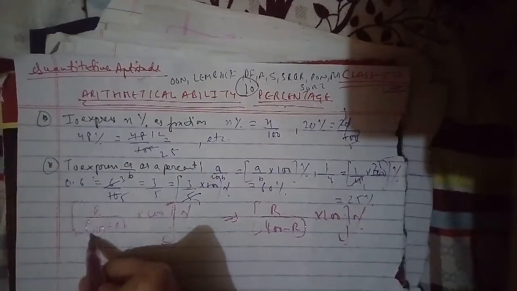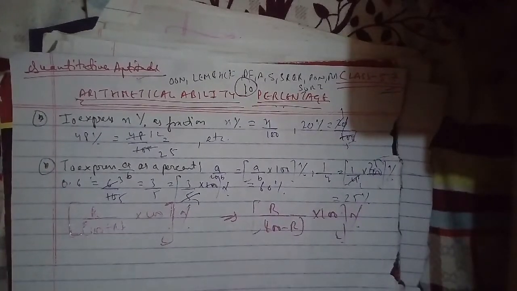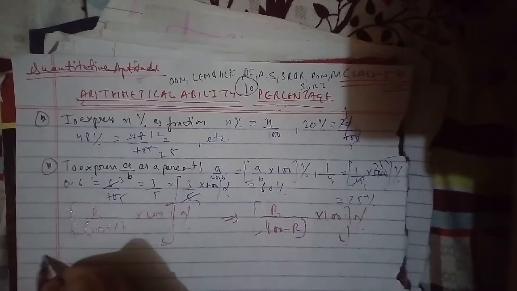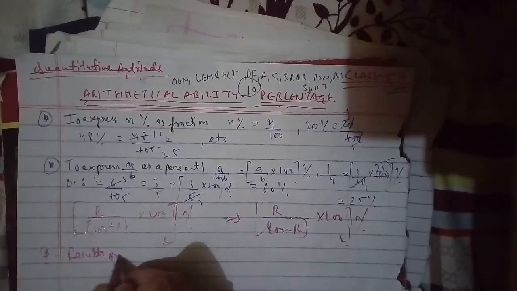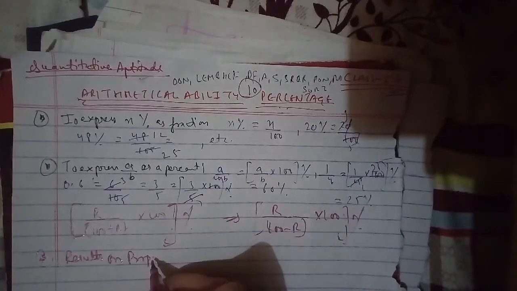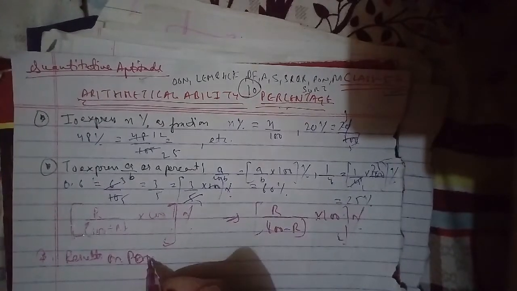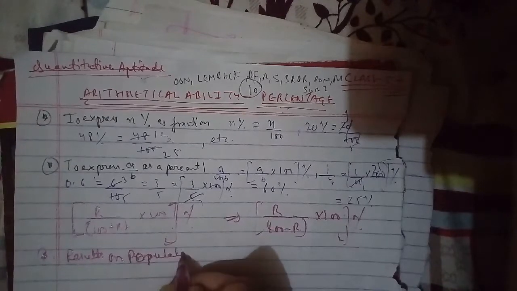Results on population. Let the population of the town be P, and suppose it increases at the rate of R% per annum.